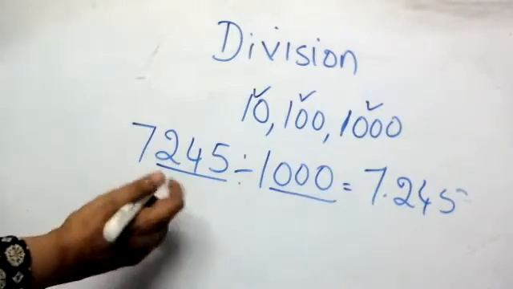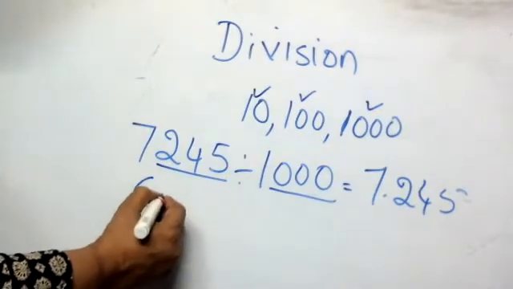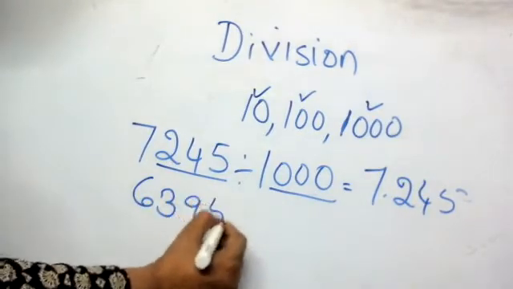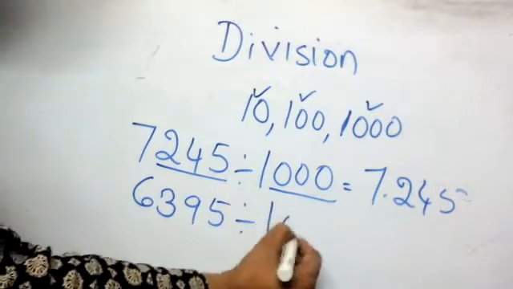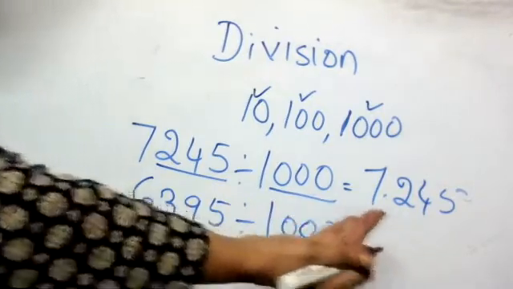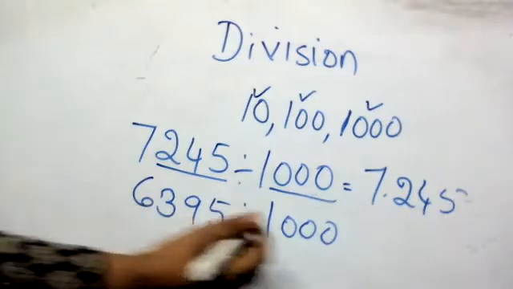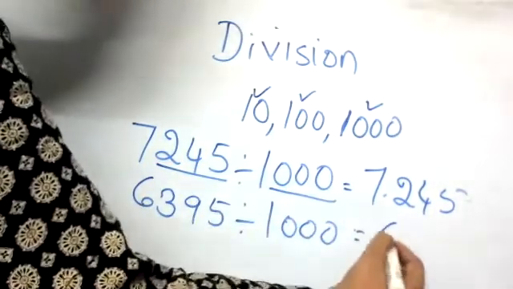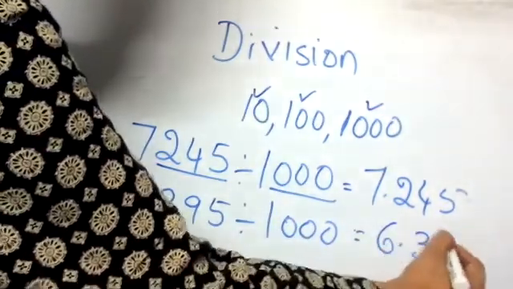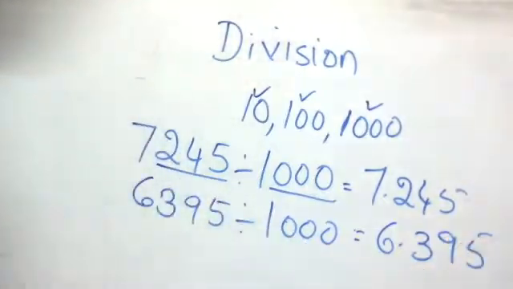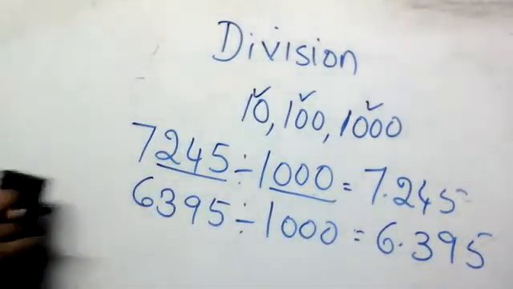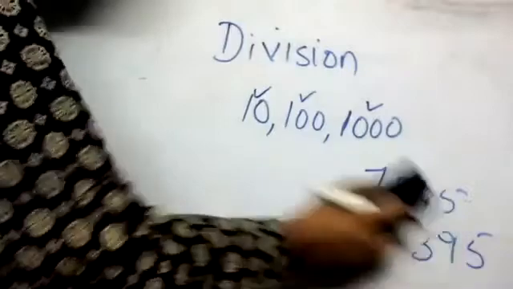Always look from the right side. 6395 divided by 1000. So always take it from the right side. So it will be 6.395. Okay? That is how we will do the division.